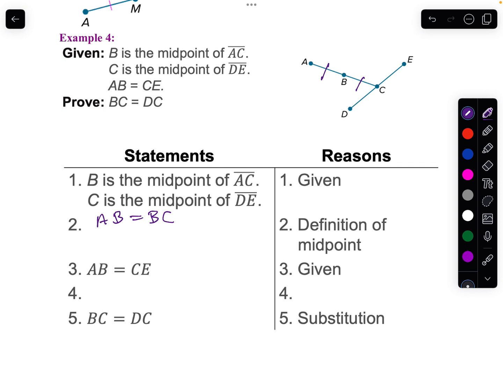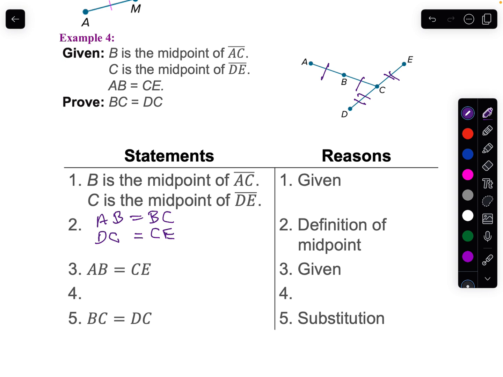And then I also know C is the midpoint of DE, so I'll put 2 tick marks on here. And I can say DC equals CE. And that is my definition of a midpoint.